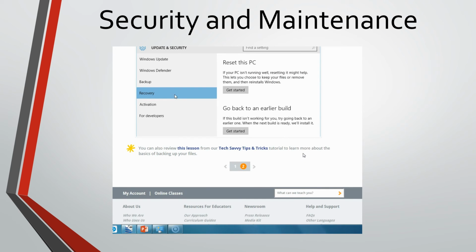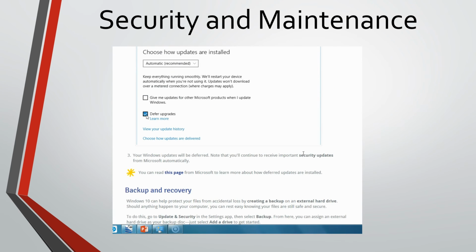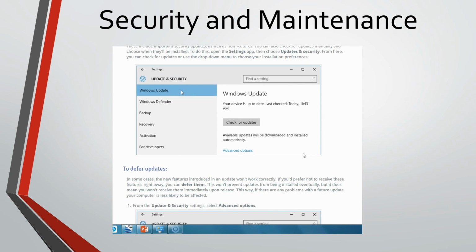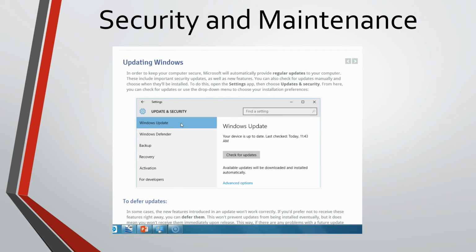So this is all about maintenance and security for your computer, which is essential. You really do need to have it. It's going to keep your computer protected from all those viruses and malware and spyware and things along those lines. So if you would at this time, go ahead and minimize this video and find where your Windows updates are, and the Defender, the backup, the recovery, all of that.